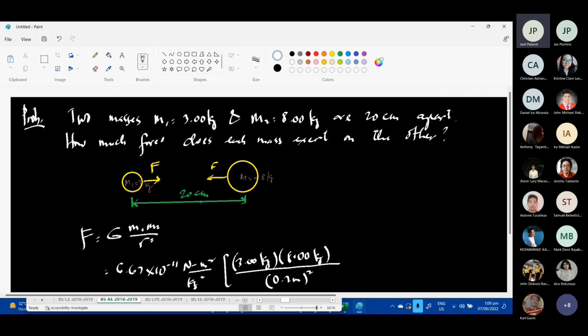So we need to convert 20 centimeters into meters. So everything cancels, units, meters squared, kilograms squared. The resulting unit will be in newtons.